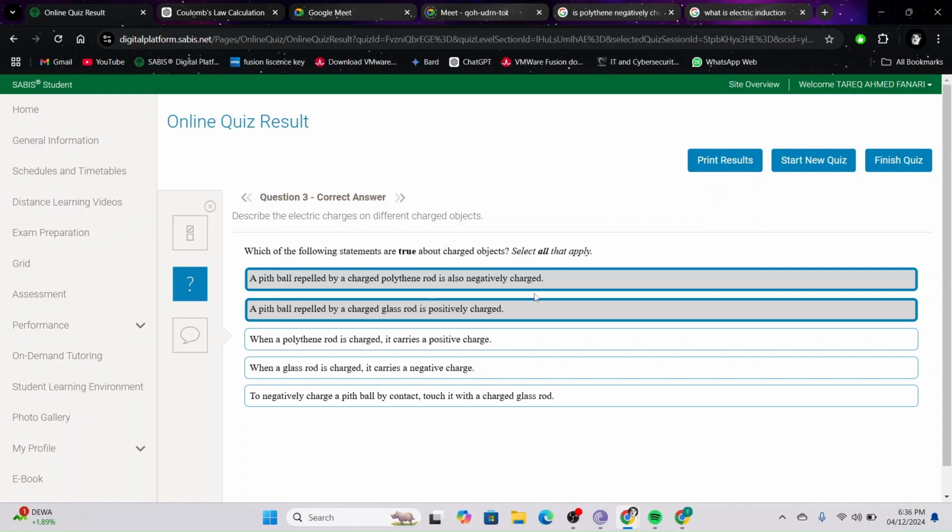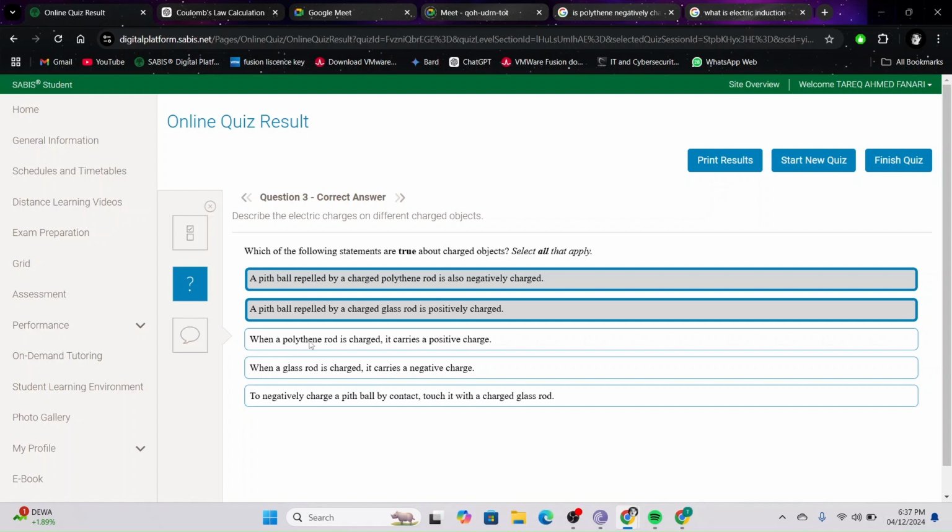A pith ball repelled by a charged glass rod is positively charged. When you rub a glass rod with the cloth or whatever, it's going to be positively charged, right? So when you put a pith ball next to a charged glass rod, and if it repels, then the pith ball is going to be positively charged. Here, when a polythene rod is charged, it carries a positive charge.